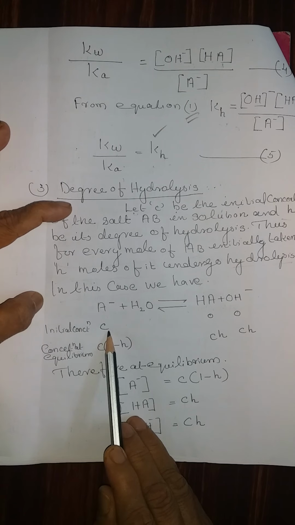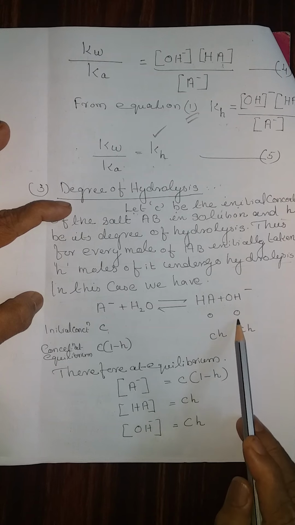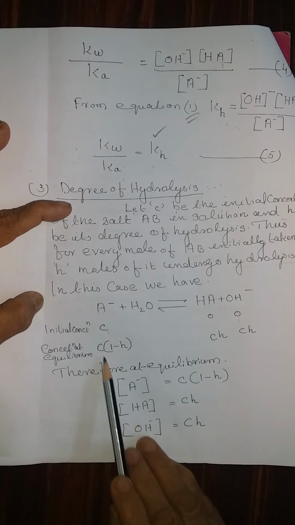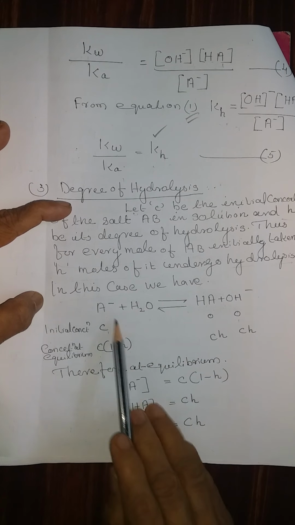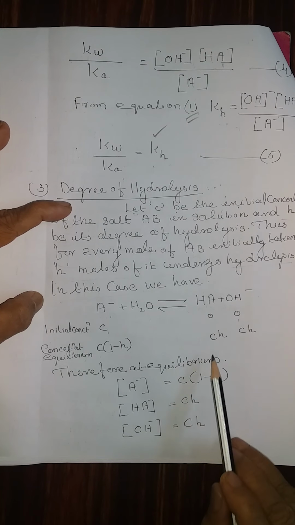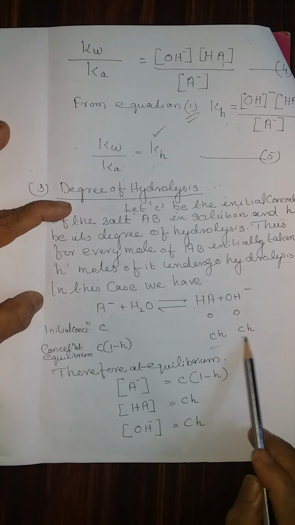Initial concentration is C, and the concentration of HA and OH minus is 0. Concentration at equilibrium: C into 1 minus h for A minus, concentration of HA is Ch, concentration of OH minus is Ch.